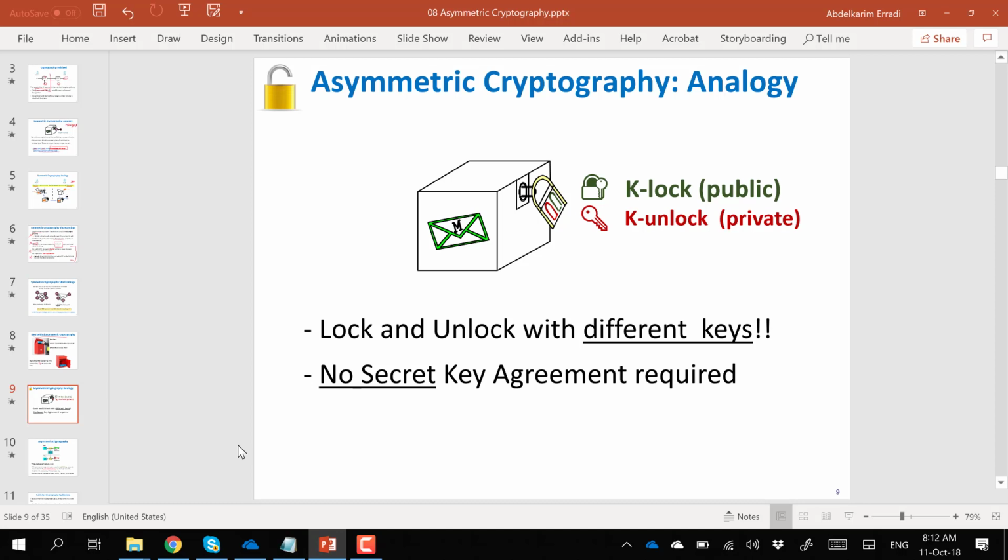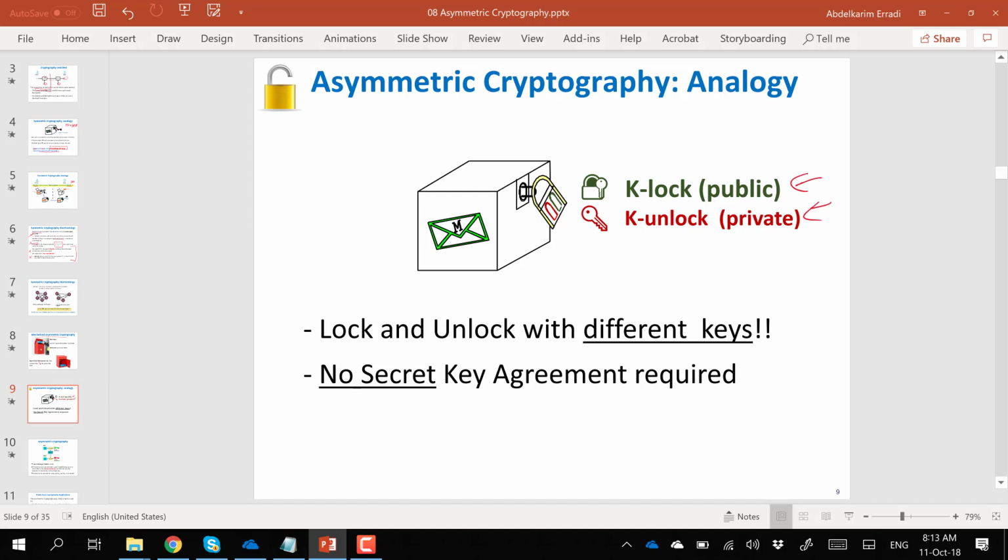You have so many copies of this box. So anybody who wants to send you a message, they will put it in the box, and then they will lock the box. Okay. So anybody can do this. But once they lock, nobody can retrieve the message inside the box except you, because you have the key to do so.